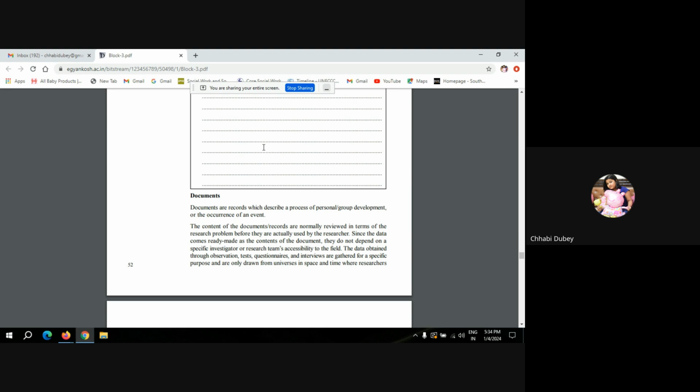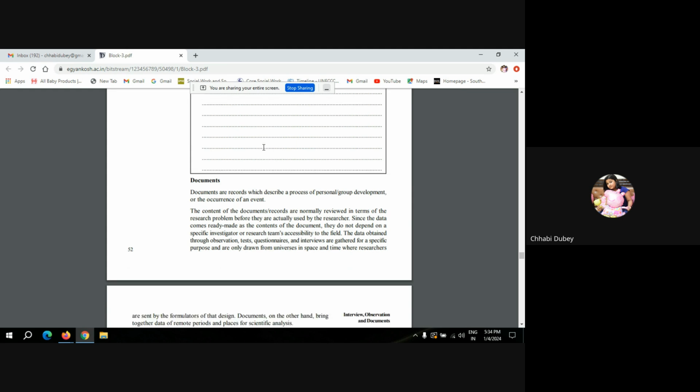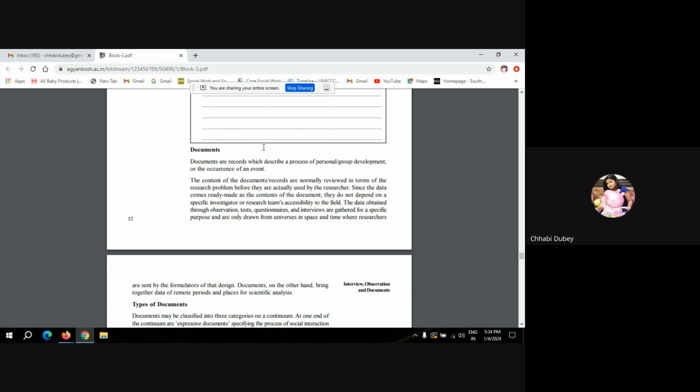Now, the data which is obtained through observation or use of tests, questionnaires or interviews is gathered for a specific purpose. Documents, on the other hand, bring together data of remote periods and places for scientific analysis. So documents will mostly be the secondary kind of data collection that we have.